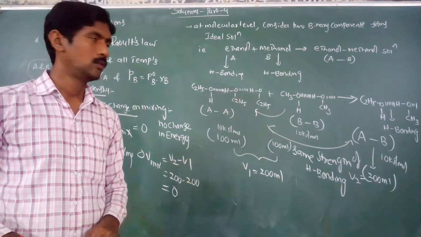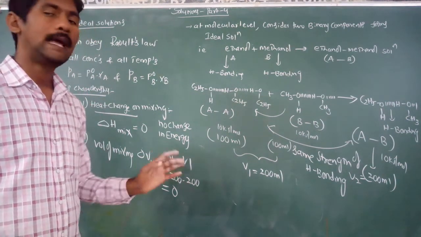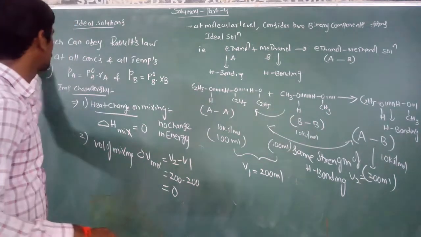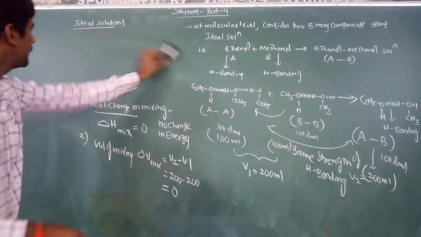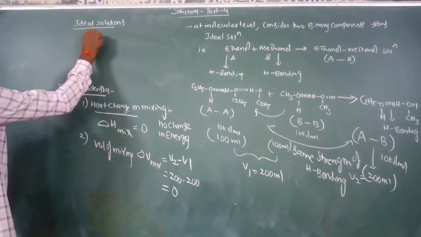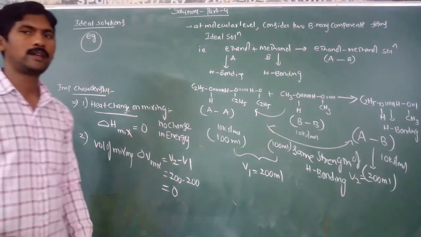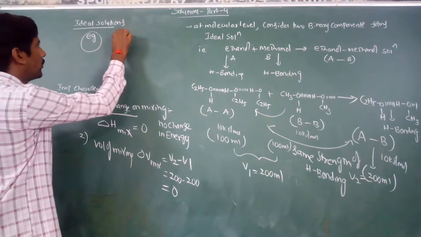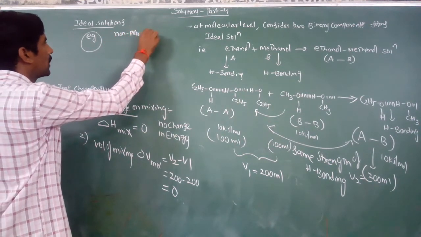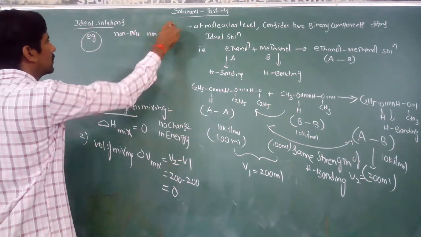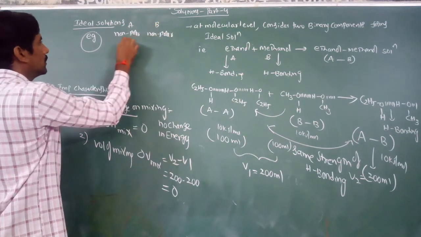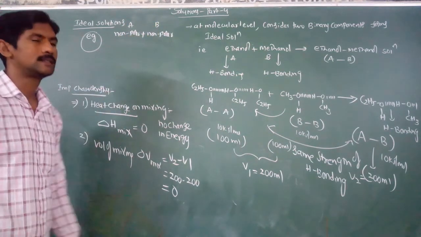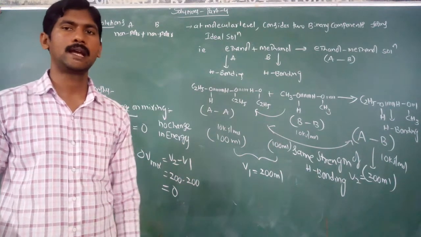So what are the important examples of ideal solutions? Examples are also very important. Take two non-polar components. If both are non-polar components, those can make an ideal solution.